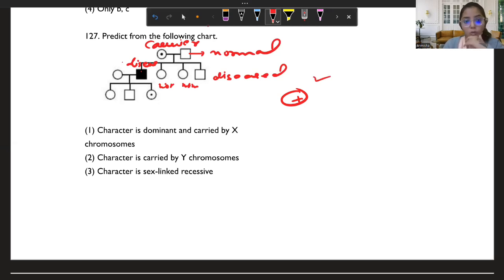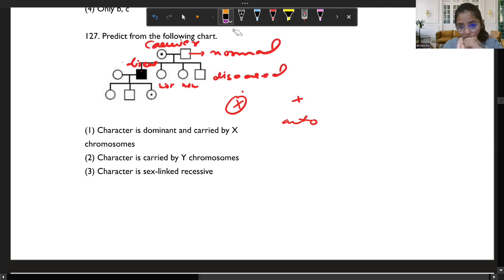This female is a carrier, passing it only to males, not to females, which means it is recessive. It is not dominant because if it was dominant, it would have been caused in females also. Because it is recessive and caused only in males, it is X-linked, because if it was autosomal, it would not have been caused only in males.